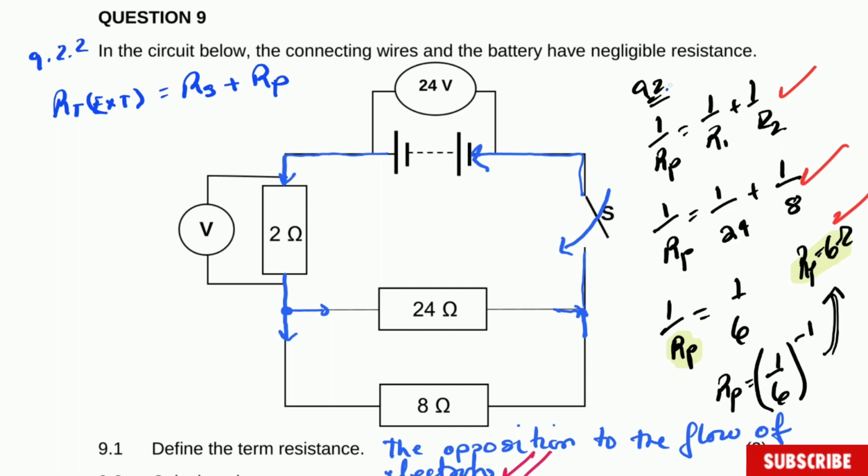This one is 9.2.1. So now here we have the series connection is equal to 2, and the parallel we just calculated is 6, plus 6. So we have that the total resistance of this circuit is 8 ohm. Quite simple. Let's fix that ohm. There we go. So that is the answer. This is quite easy, those marks.